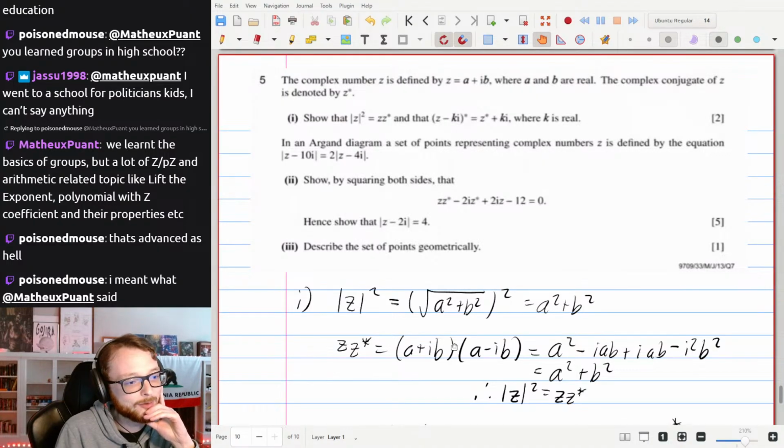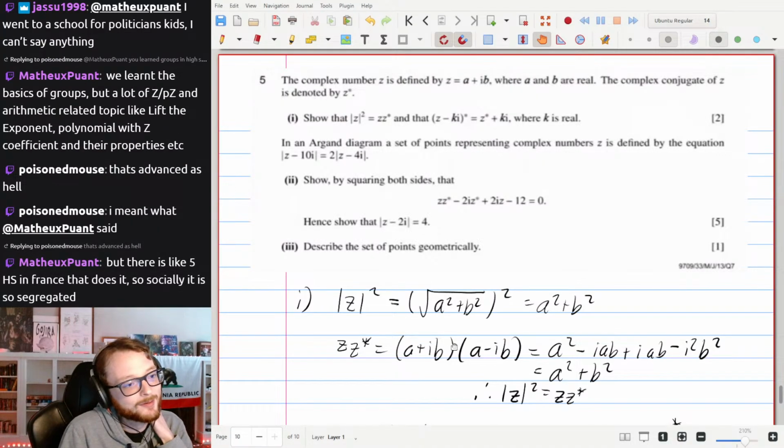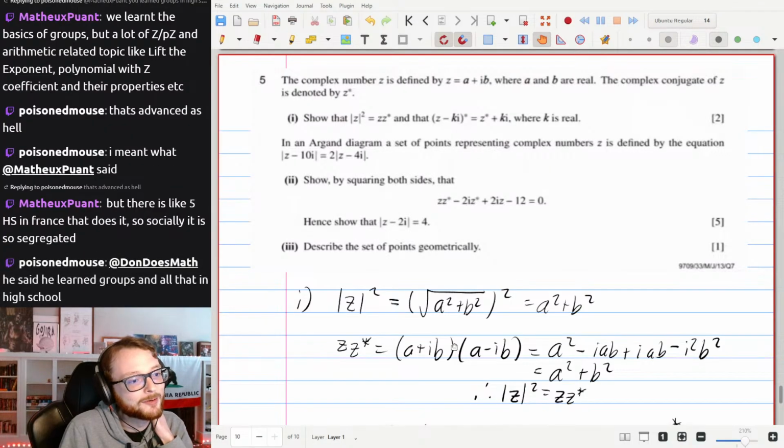Oh, sorry, I didn't see you were talking to Matthew before. Vector spaces and Euler totient stuff in high school. Wow. Yeah, that's crazy. I do hear that Europe emphasizes algebra way more than America does in general.